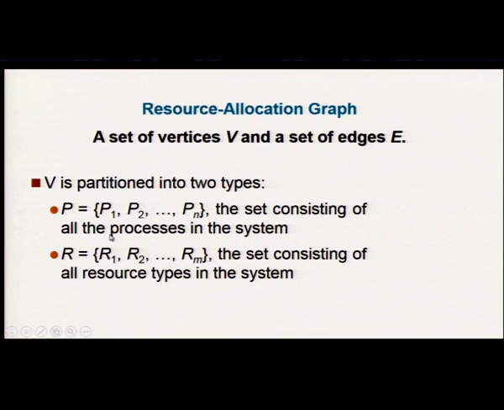A process P1 has made a reservation for R1, a process P2 has made a reservation for Rm, a process Pn has made a reservation for R2. If there are multiple instances, like I said, three monitors, where the type of the resource is monitor but there are three instances, we follow a different notation.